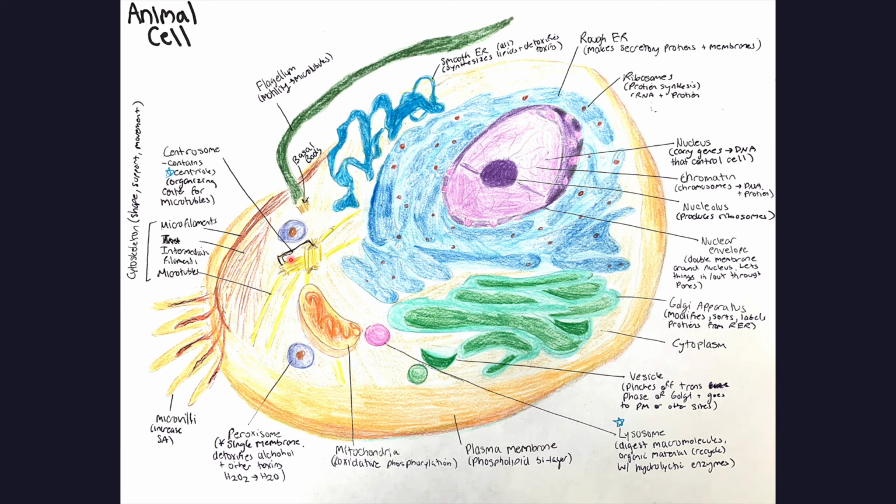The centrosome contains centrioles, which are unique to animal cells. Some animal cells have microvilli to increase surface area. And finally, some animal cells have flagellum made of microtubules that are used for motility.